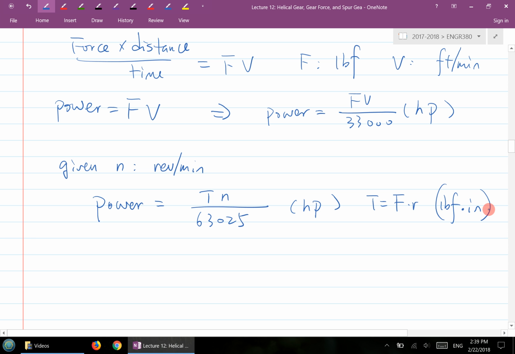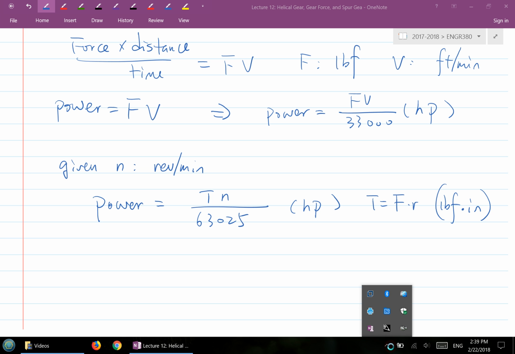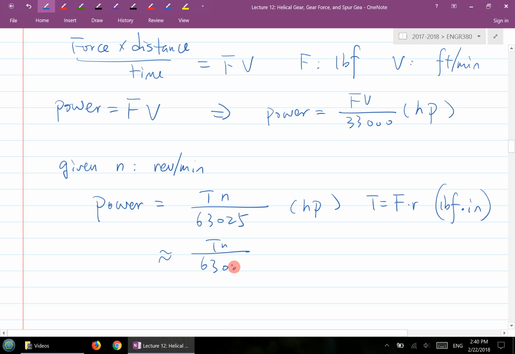So that's the unit for T. The N here is revolutions per minute, and the amount of horsepower will be T times N divided by this number, which is sometimes approximated as just 63000.